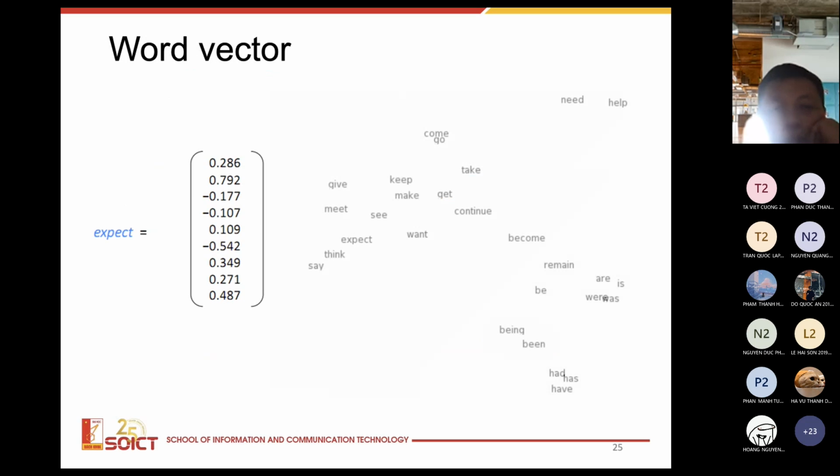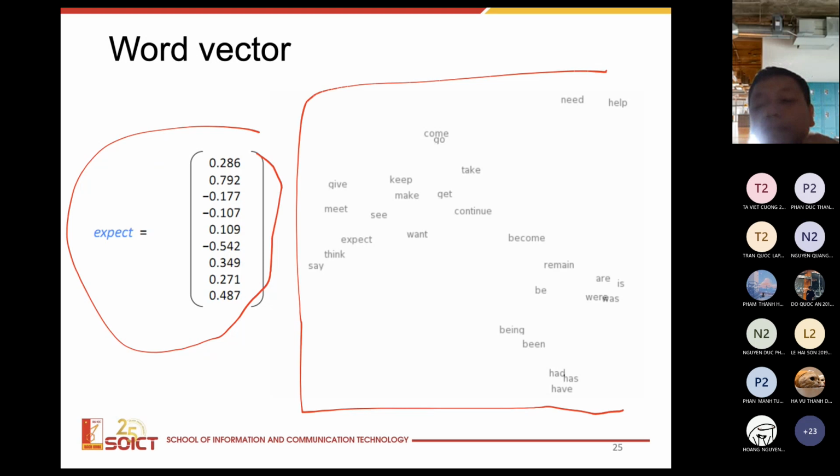Okay, so here's an example of the word vector. This is the word vector for a word, and this is a visualization of the words in a 2D graph, and you see the words that are similar to each other are represented in a closer group than the words that have different meaning.